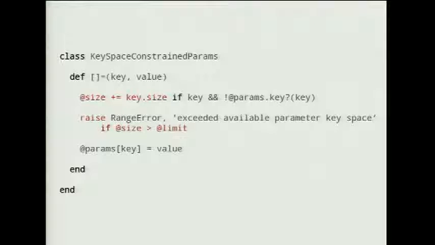That should have rung a bell, but it didn't somehow. Let's look at what this does. It's an extension of the Ruby hash class, and what it does is if you insert a key, it will keep track of the overall size of any key that has been inserted so far. And once it hits a fixed limit, it will just reject any more keys.